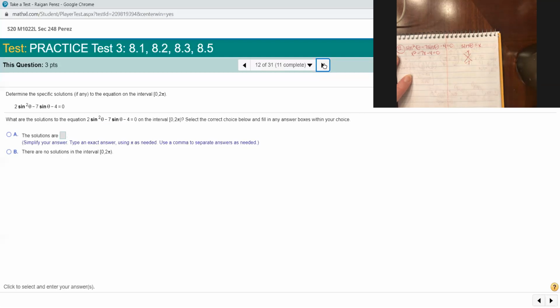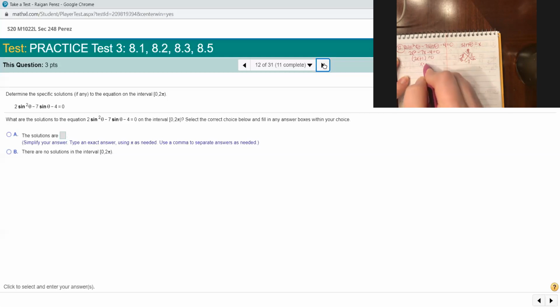Oh, I missed the 2. I'm like, I can't do that. Negative 8 and negative 7. That makes more sense. So negative 8 and 1 divided by 2. So this one we can't use because it's bigger than 1. So we've got 2x plus 1 equals 0.